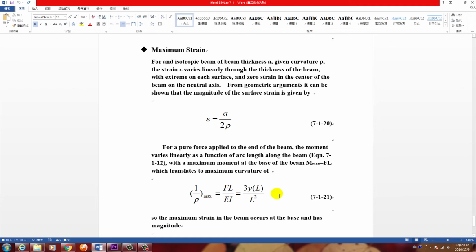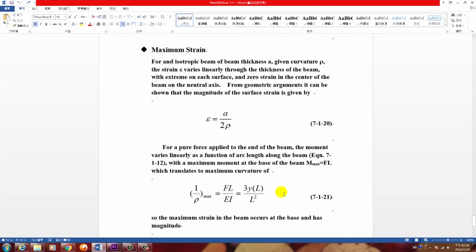This is the part where you need to put your sensor. So finally, you get epsilon maximum. The maximum strain will appear on the top surface at the base of the cantilever beam. So that's the final result for your maximum strain. That's the end of this part.